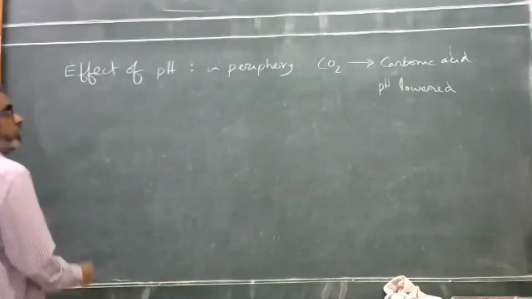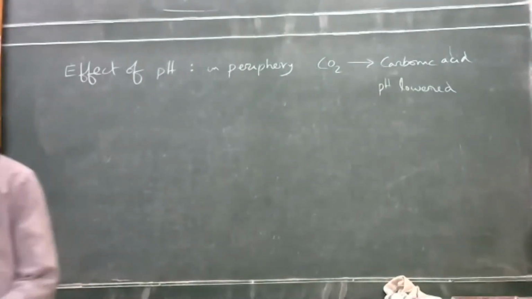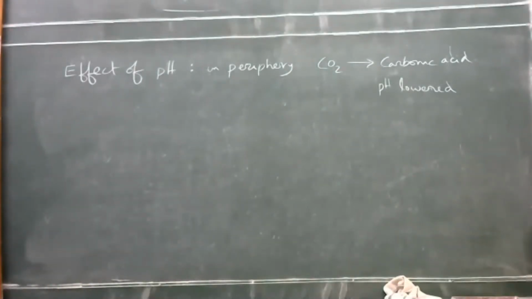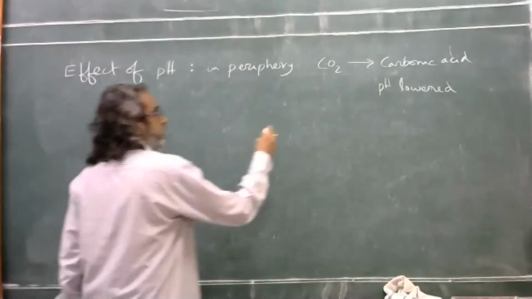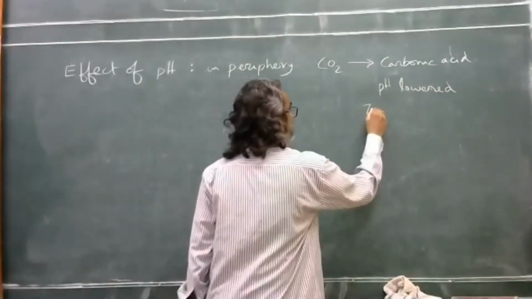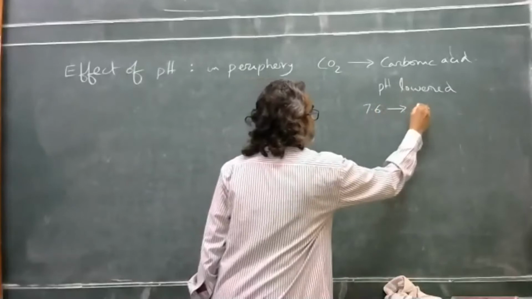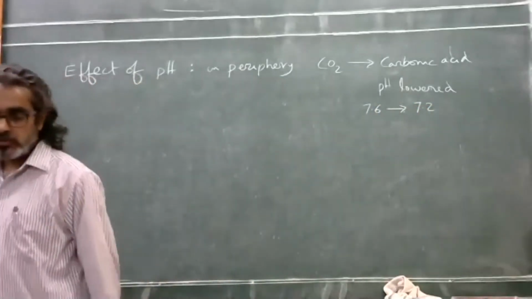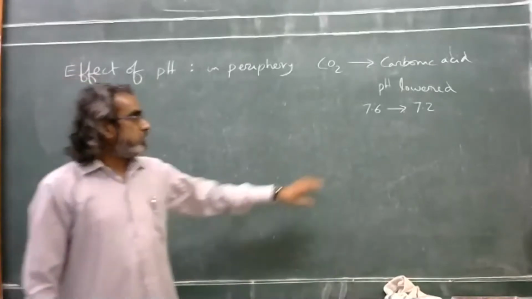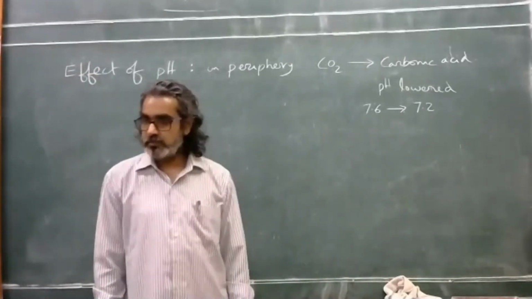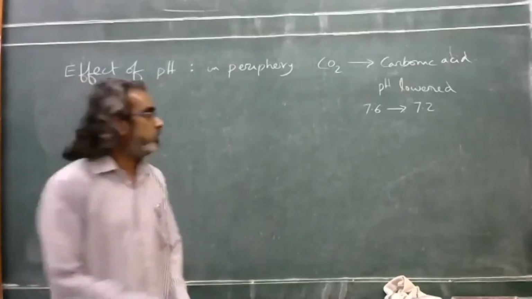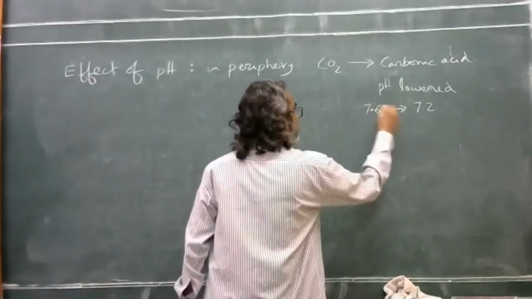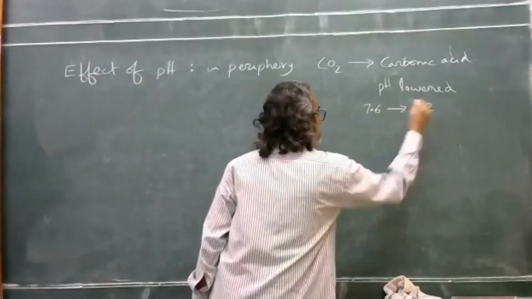Okay, so pH changes roughly in the range of, I think, 7.6 to 7.2, a very small change, not huge. So though you think that this is a small change in pH, it has some effect on the binding of oxygen to hemoglobin.